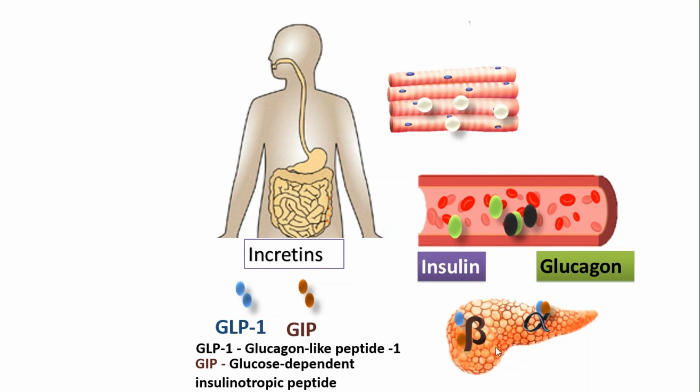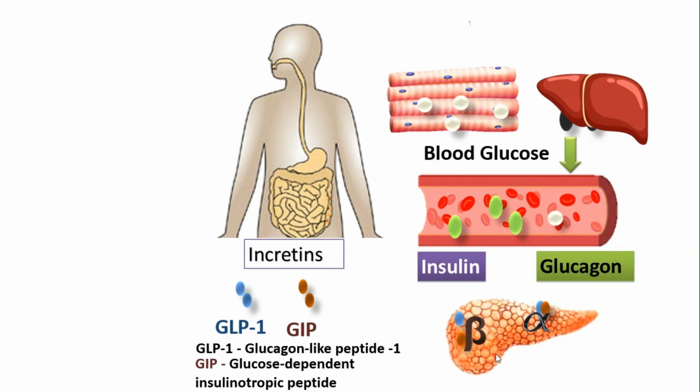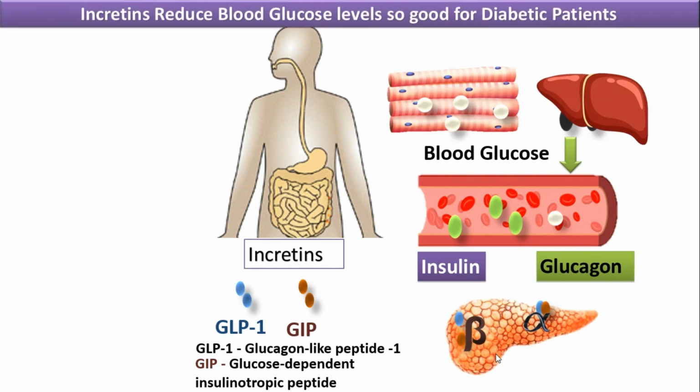Since a lesser amount of glucagon comes out, under the influence of little glucagon, the liver produces very little glucose. So in both cases, GLP-1 and GIP, that means incretins, reduce the blood glucose amount. So incretins are responsible for reducing the blood glucose. So incretins are considered good for diabetic patients.